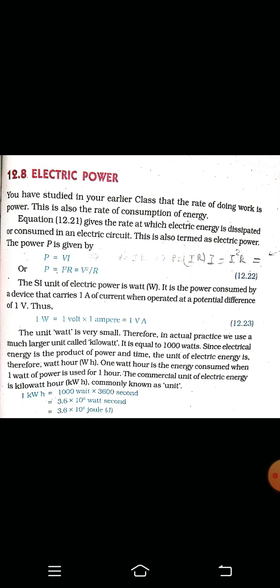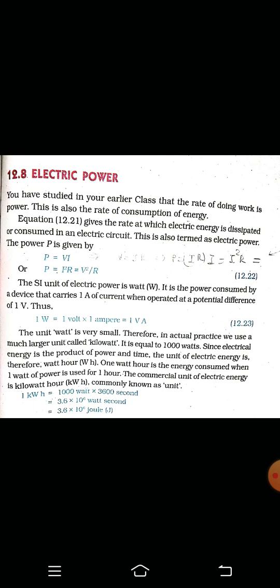This is also termed as electric power. So now we have power P is equal to VI. Or else another equation, P is equal to I square R, that is equal to V square divided by R.